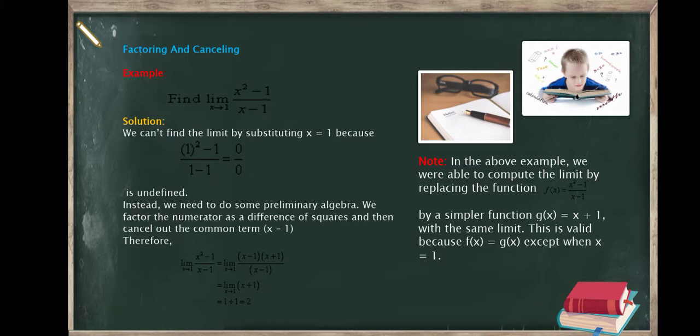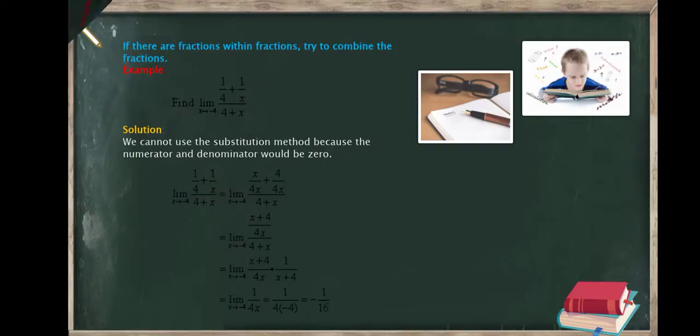This is valid because f of x equals g of x except when x is equal to 1. Another technique that can be used in finding limits of a function is, if there are fractions within fractions, we need to try to combine the fractions.